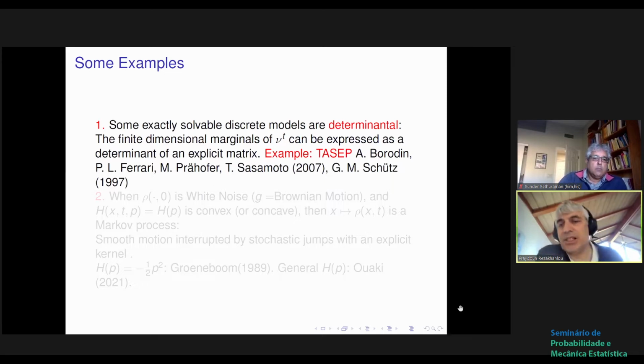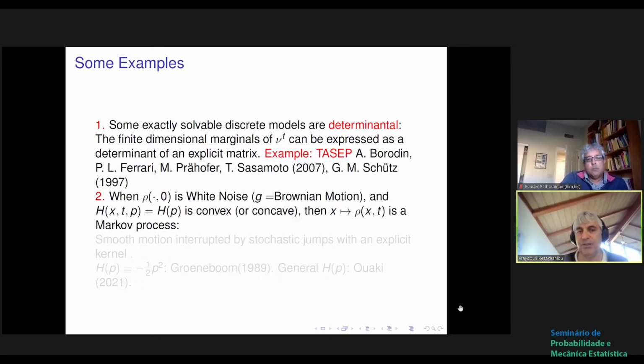Again, the famous example would be the totally asymmetric simple exclusion process. And after several works in this context, now we know we can derive an explicit formula for the evolution of the kernel.